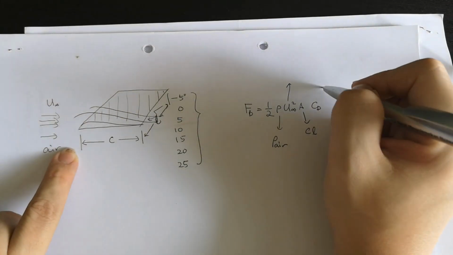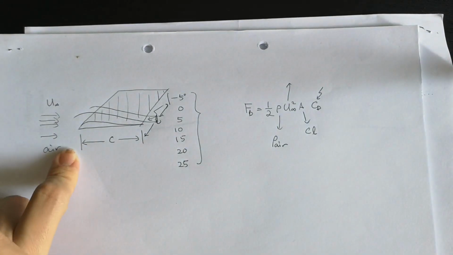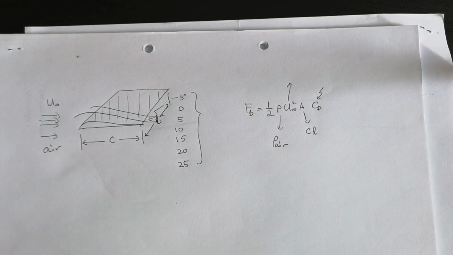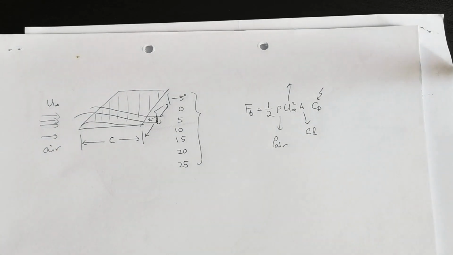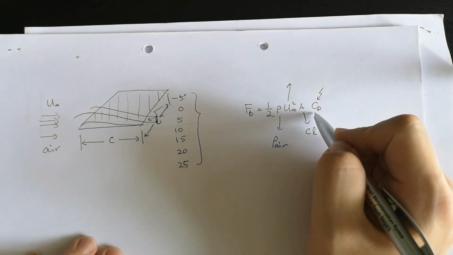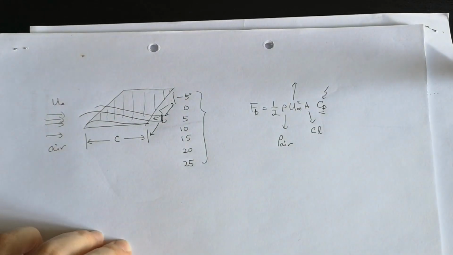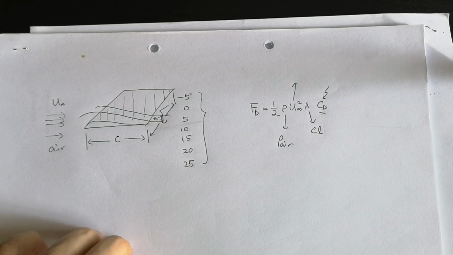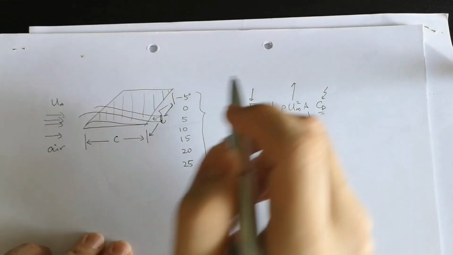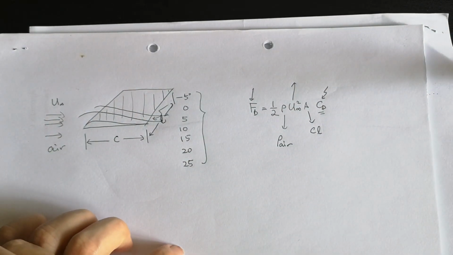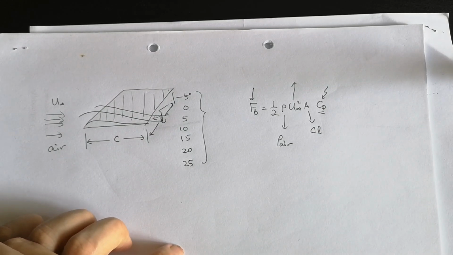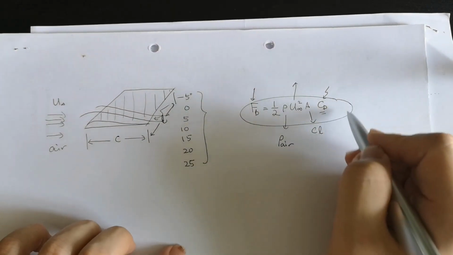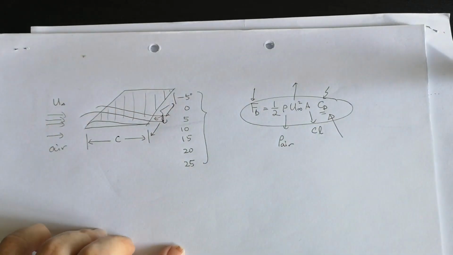How about CD? CD is the drag coefficient, which depends on different angles and different geometry. So in this experiment, we are going to determine what our CD is. Based on the drag force we obtained from the load cell reading, we will convert it into Newtons later on, and put it into this equation to figure out our drag coefficient.